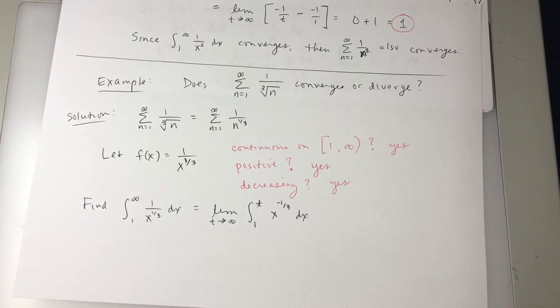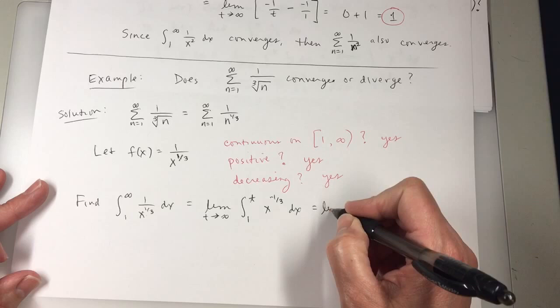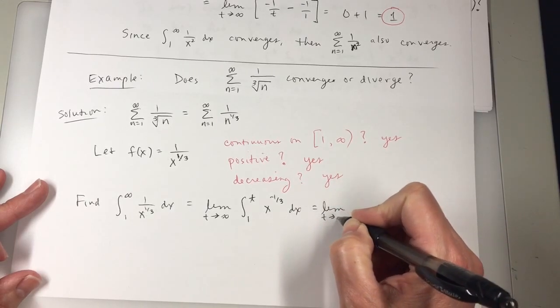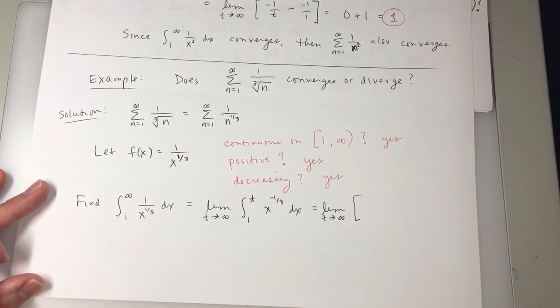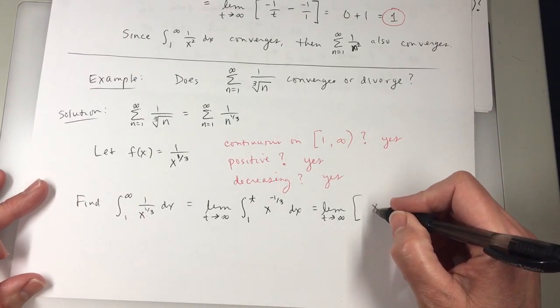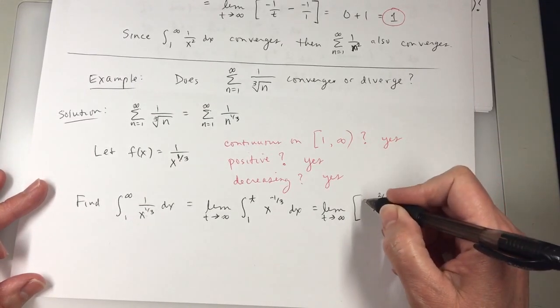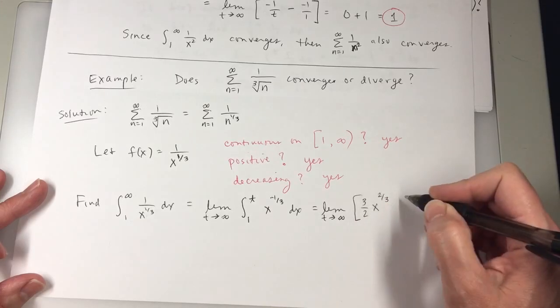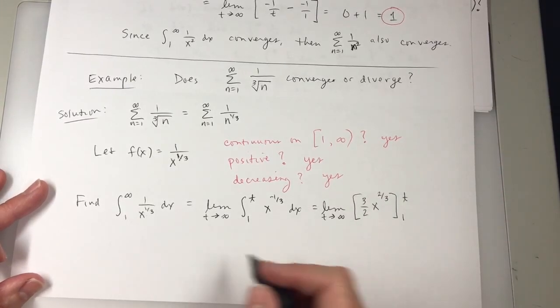So let's do the antiderivative. This will be the limit as t approaches infinity. X to the negative 1/3, add 1. I'll get x to the positive 2/3. Multiply by the reciprocal, 3/2. And we're going from 1 to t.